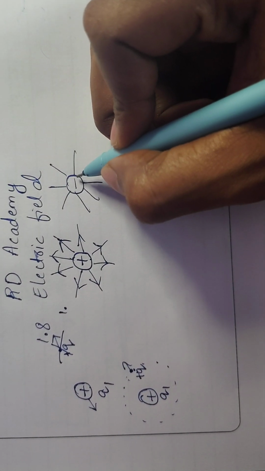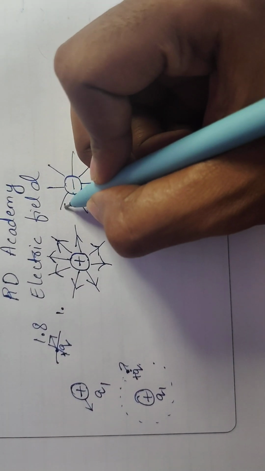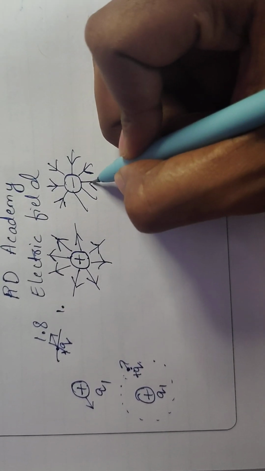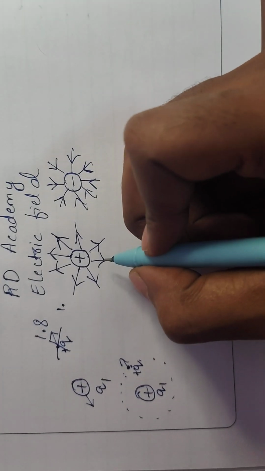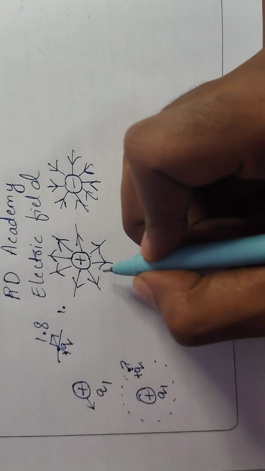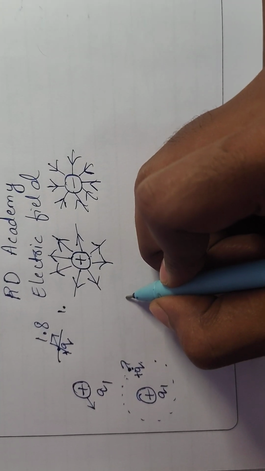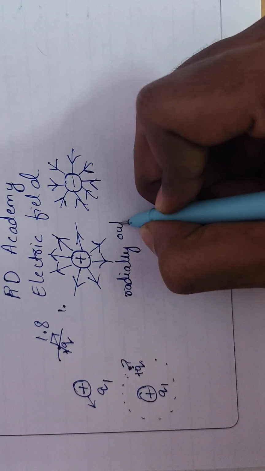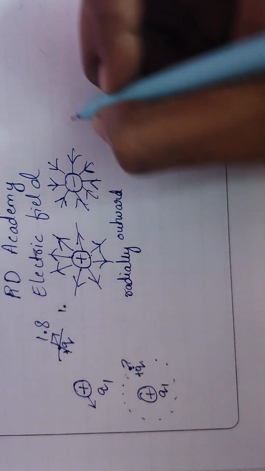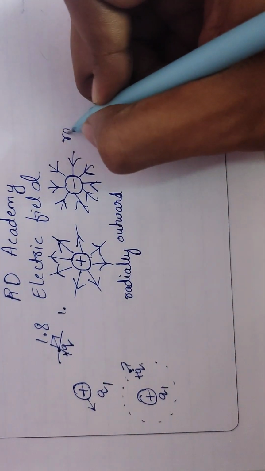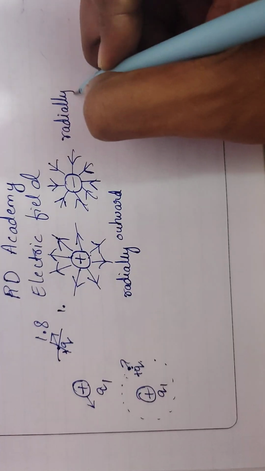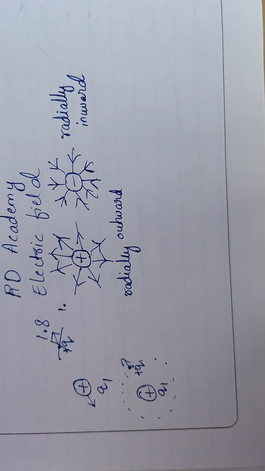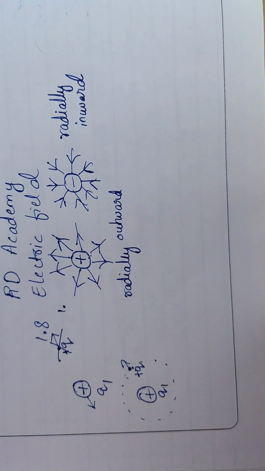Similarly, for a negative charge, the electric field lines converge radially inward. These two words are important. For a positive charge, the electric field lines diverge radially outward, whereas for a negative charge they converge radially inward. So these are the two points you need to remember.